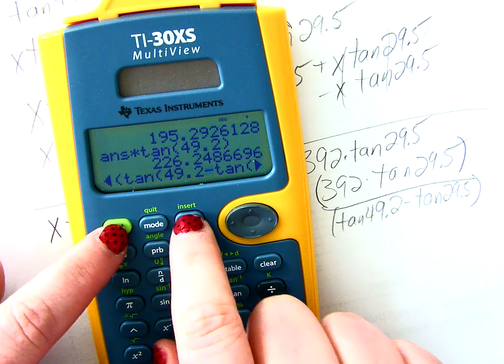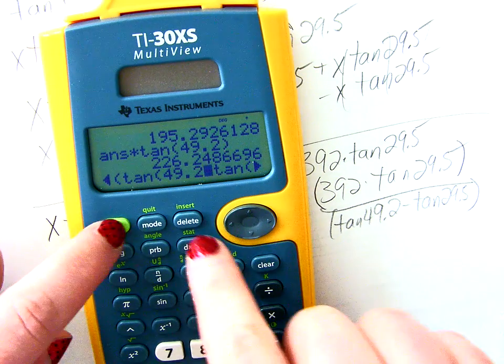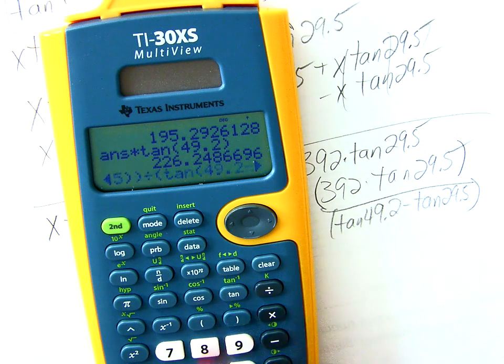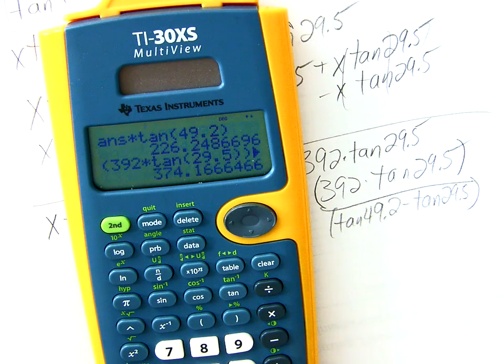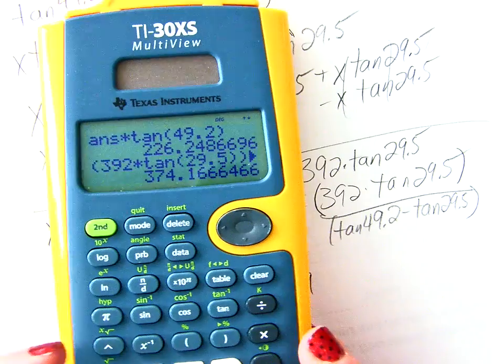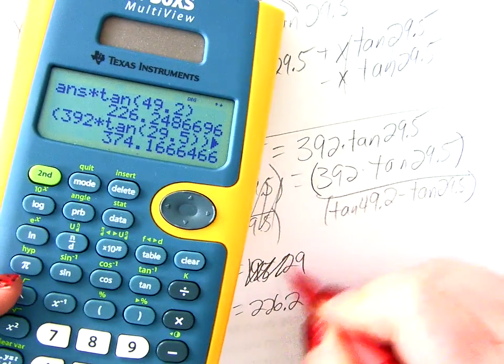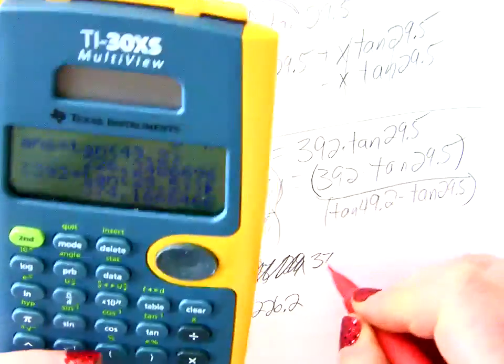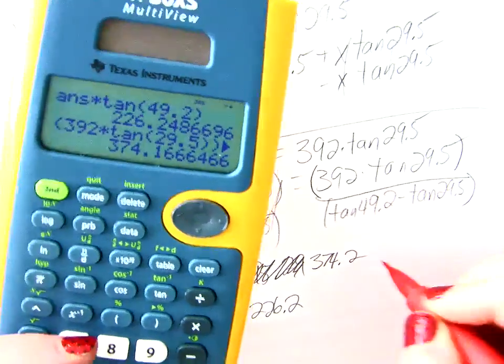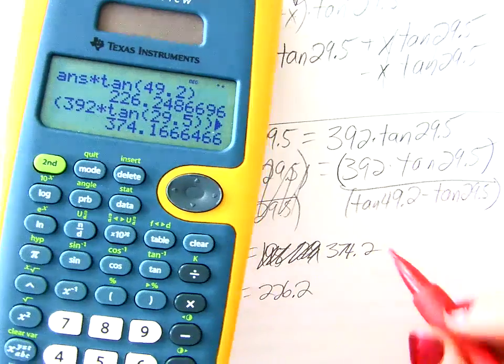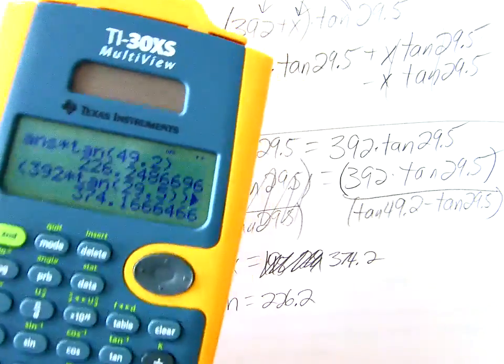So you just put your blinky guy wherever you want to stick it, and you go second insert and then put your parenthesis. Good catch. So yes, it should be 374.2. See how important it is to be careful and type it in the right way?